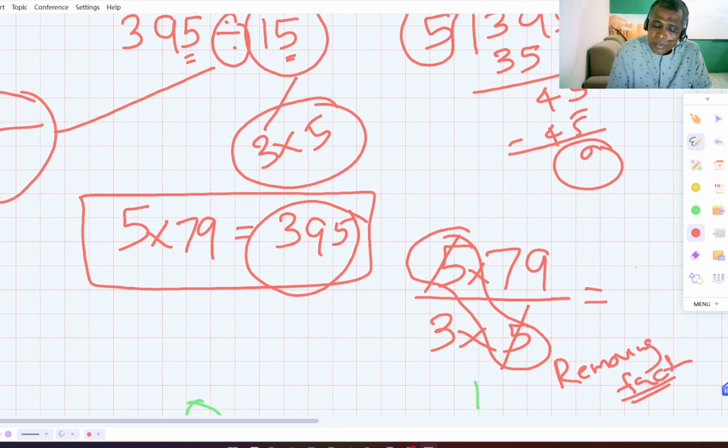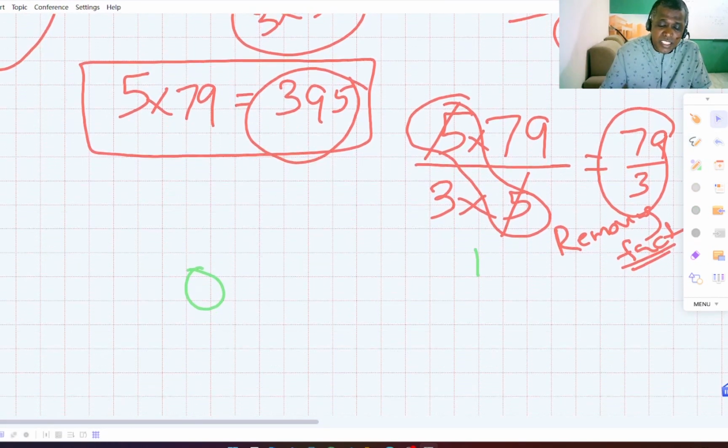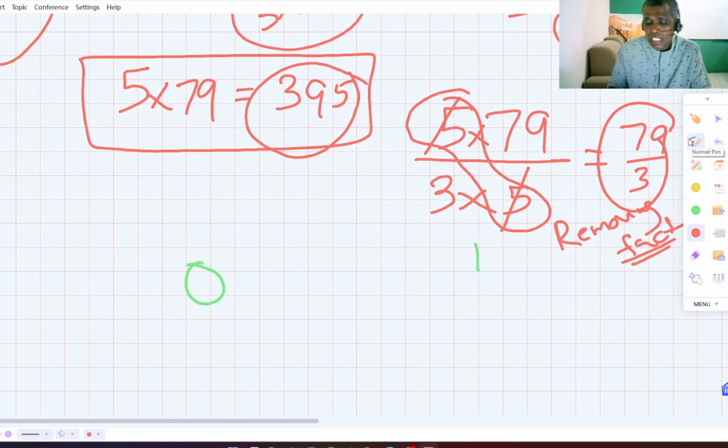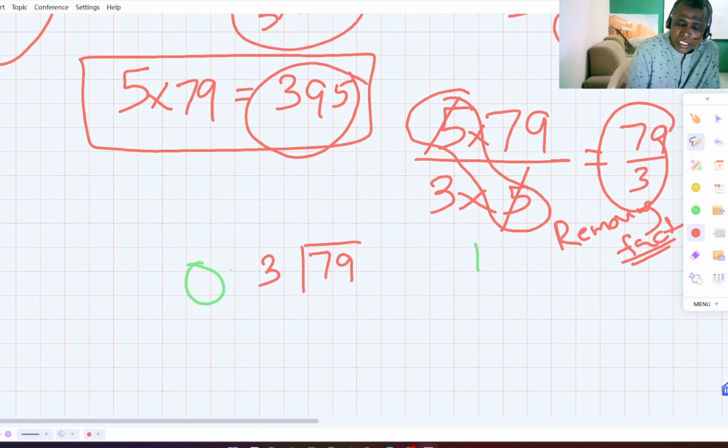What's the remaining one? 79 divided by 3. I can divide this 79 by 3 very easily using normal division, long division or short division. Anyway, you can use it. I use the short division. 7 divided by 3, that's 2, because 2 times 3 is 6. Count forward from 6 to 7, only 1 is there. That's 19. 19 divided by 3 is 6, because 6 times 3 is 18. Count from 18 to 19, that's 1.